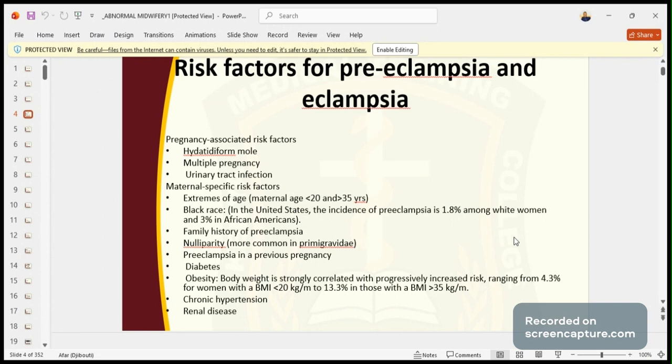When we talk about maternal specific risk factors, talk about extreme age of the mother. That is maternal age lower than 20 years, very young, it's also a risk factor. And then if you're older than 35 years, ladies who are yet to deliver or maybe conceive, when you're 35 years and above, there's an increase in many of the things which are actually not good.